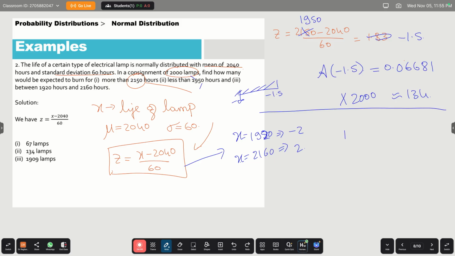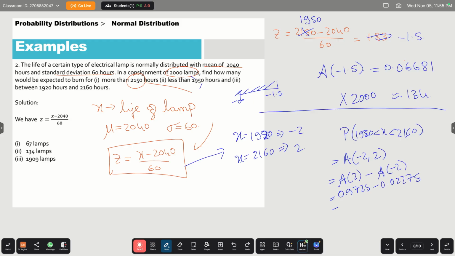So the probability between 1920 and 2160 will be equal to the area from minus 2 to plus 2. So this is area of 2 minus area of negative 2. Area of 2 will be 0.97725 minus area of minus 2, which will be 0.02275.